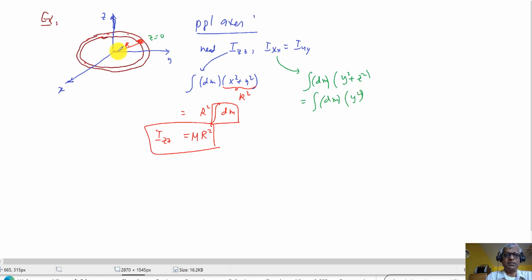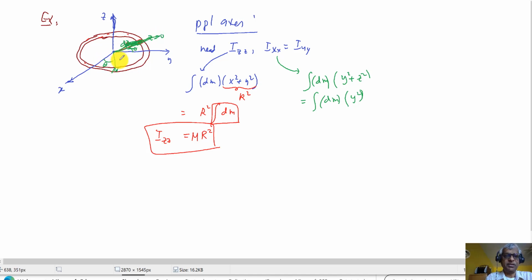One way to do this: because of this angle, we can convert into d theta, and this will be theta. Let's take it over here so that it's easy to see with respect to the x-axis.